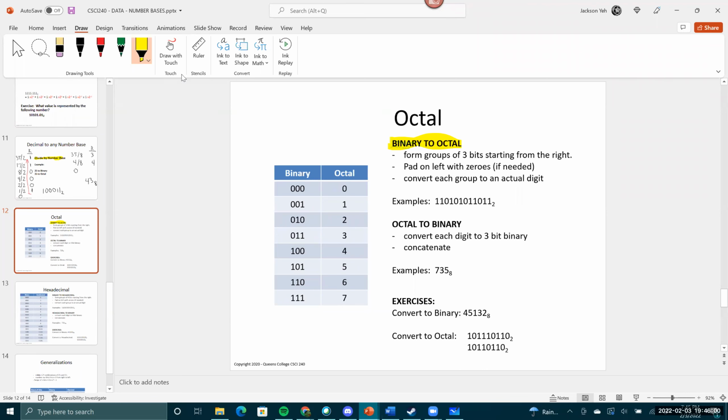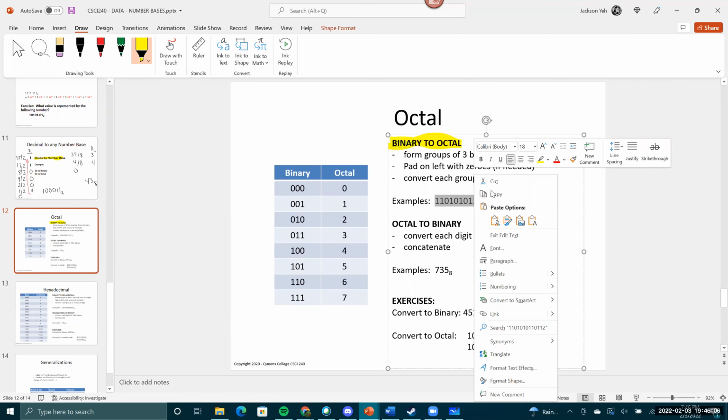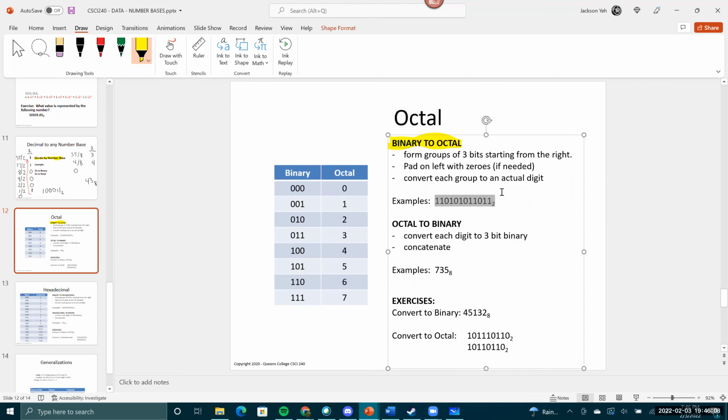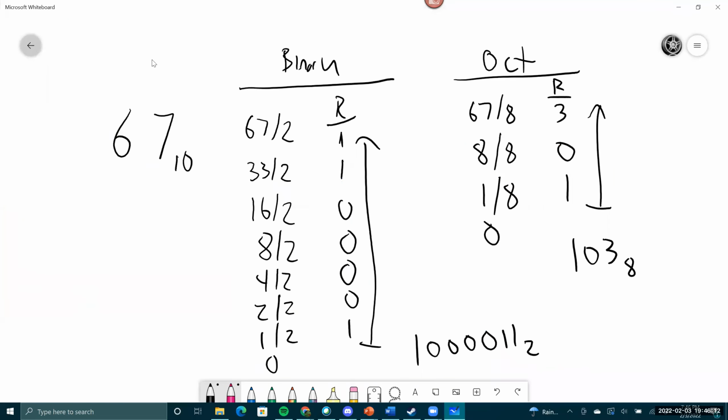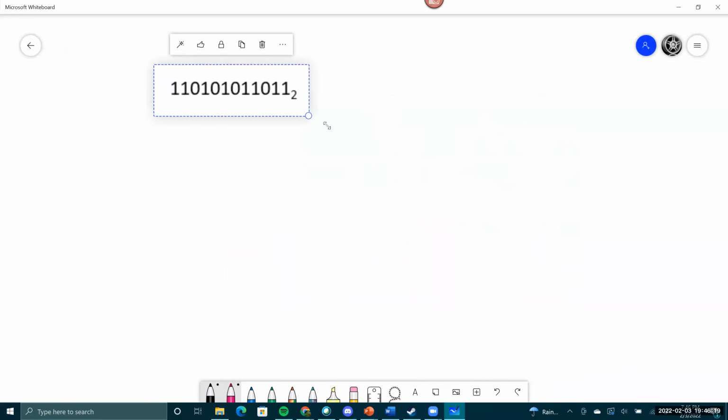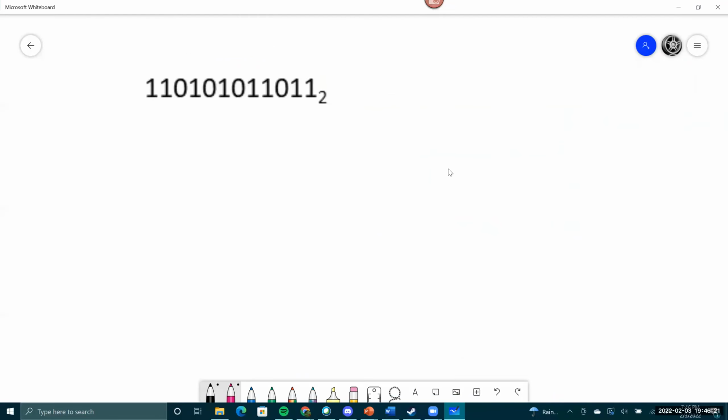So let's look at this example. We want to convert this binary number into octal. Following the method that is described, you start off by creating groups of 3, starting from the right. It's really simple. This is one group, this is another group, and this is another group.